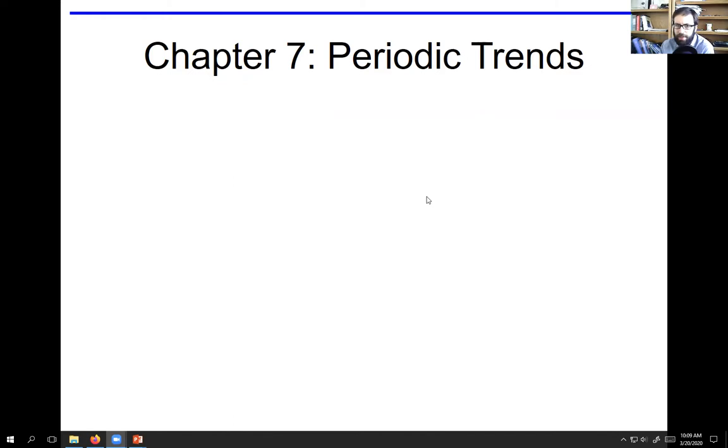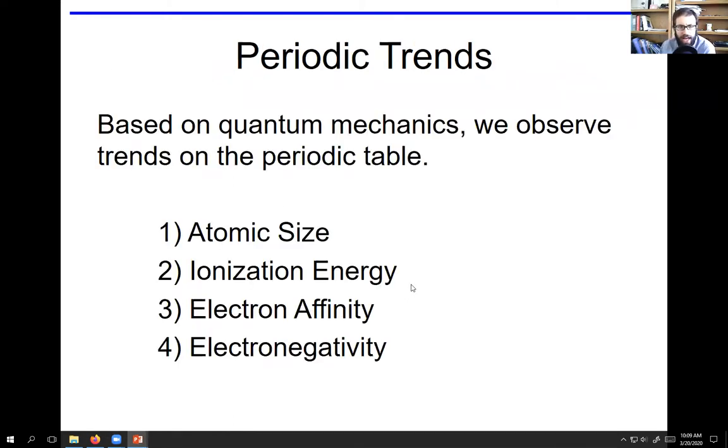And basically what we're going to be doing is, we know from our last chapter that the periodic table is shaped the way it is based upon quantum mechanics and based upon electron configuration. It's basically an electron configuration map of the elements. And that's how you can think about it. And we also know that electrons give rise to almost all of the reactivity of the elements, okay?